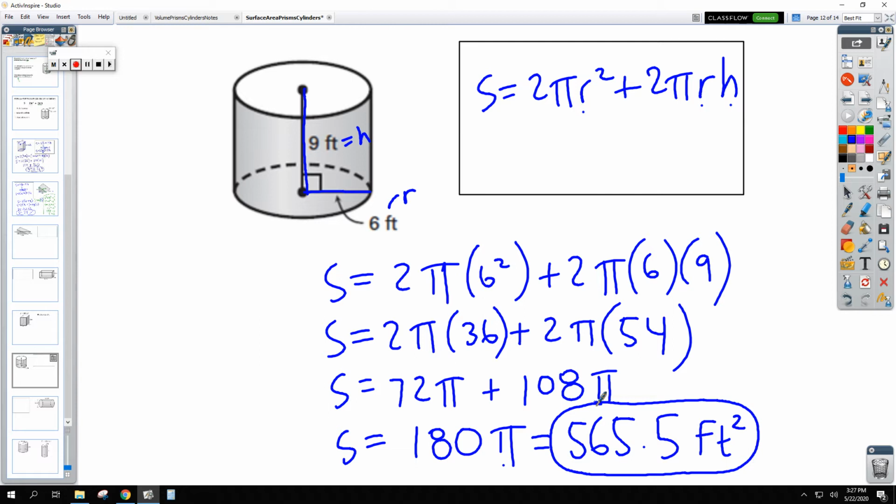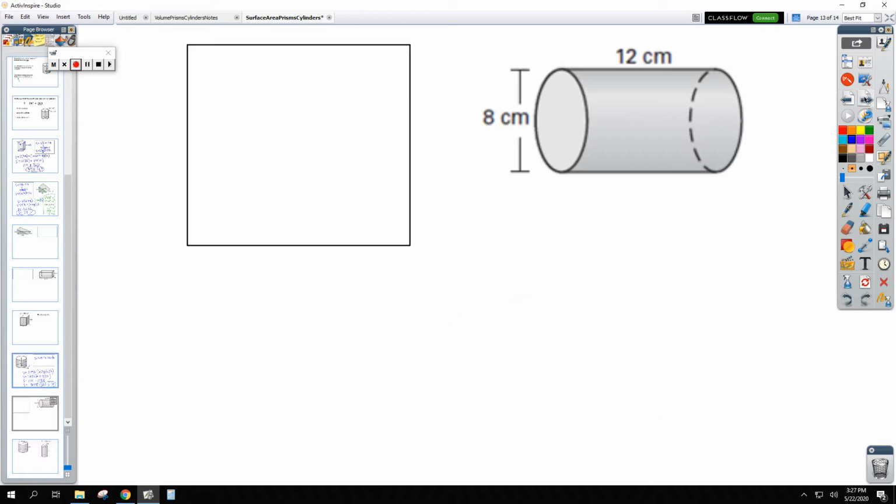Let's try another one. Now this is really the only kind of trickery you'll come across in a cylinder. See if you notice it. So 2 times pi times the radius squared plus 2 times pi times the radius times the height. So, surface area.